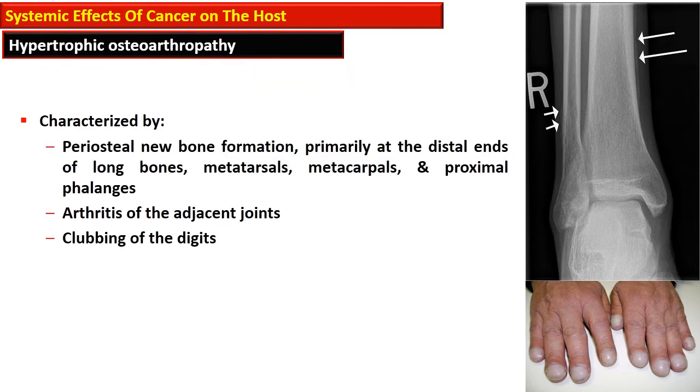It is characterized by periosteal new bone formation that occurs primarily at the distal end of the long bones, metatarsal, metacarpal and proximal phalanx, as is evident in this radiograph, and marked by these arrows, there is new periosteal bone formation in the shaft of the tibia and fibula, and it is accompanied by arthritis of the adjacent joint and clubbing of the digits.